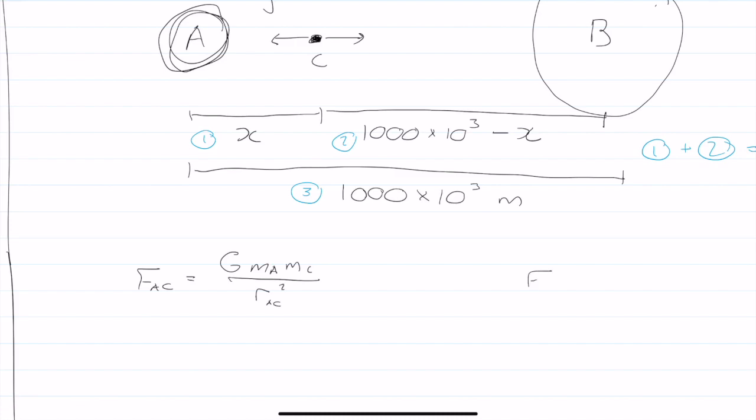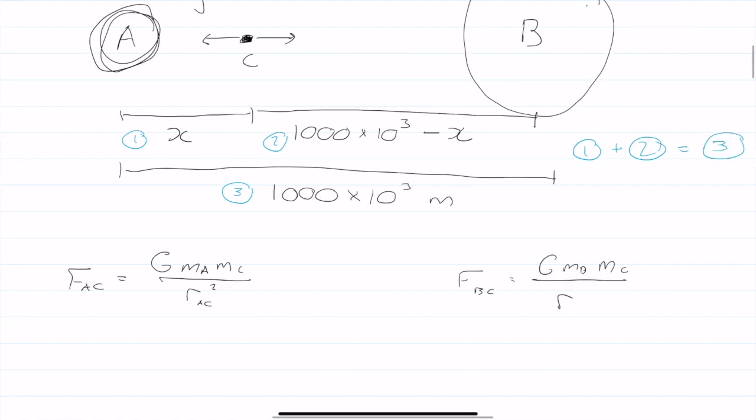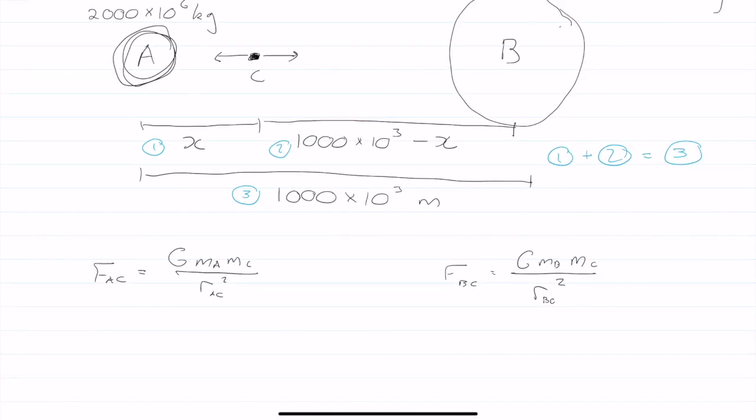And force BC is going to be equal to G, mass of B, mass of C over the distance between B and C, R_BC, all squared. So this is my force AC and this is my force BC.